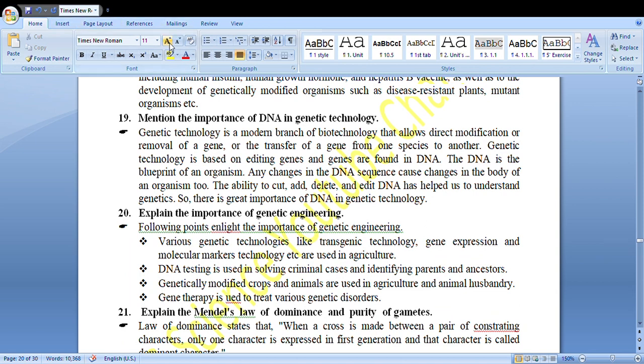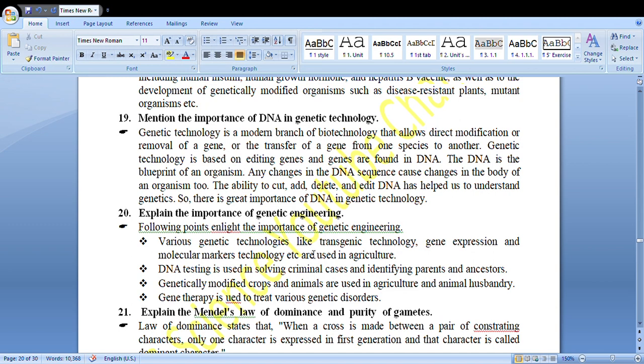DNA has great importance in genetic technology. So you can learn the importance of DNA in genetic technology from here. Explain the importance of genetic engineering. Following points enlighten the importance of genetic engineering.